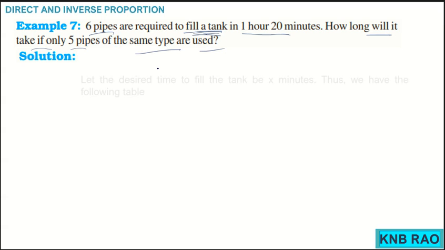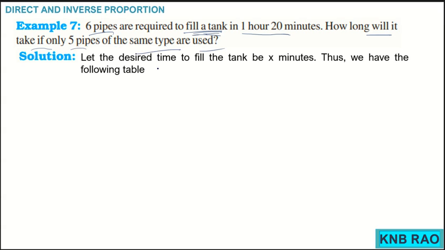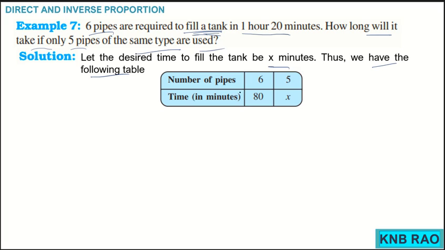Let the desired time to fill the tank be x minutes. Thus we have the following table: 6 pipes will fill the tank in 80 minutes. If the number of pipes is 5, then they fill the same volume in x minutes.